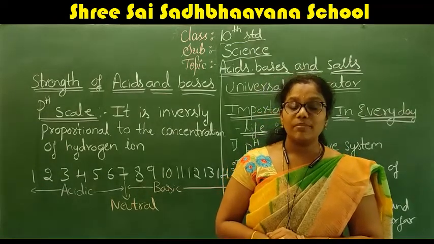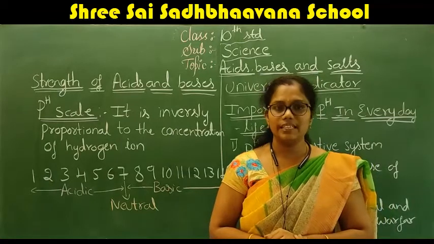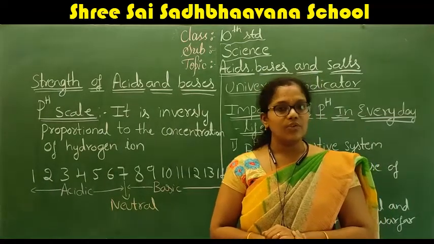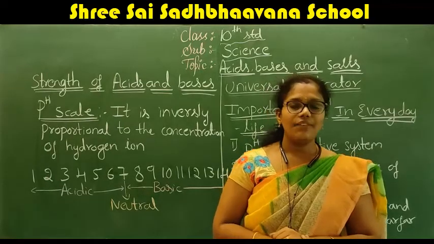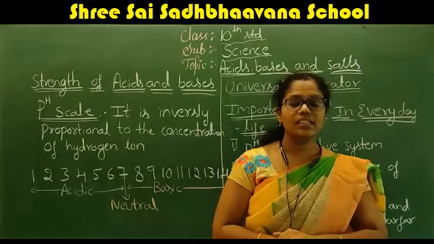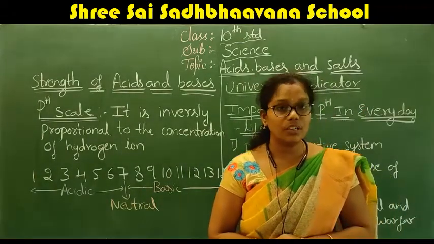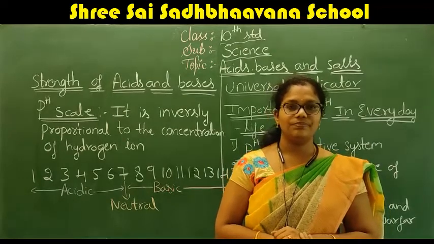We will define the pH scale and how to find values on it. Next, we will discuss the universal indicator and some of its uses. Lastly, we will discuss the importance of pH in our day-to-day life.